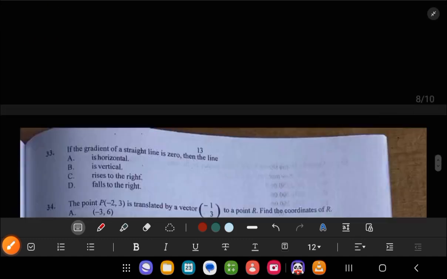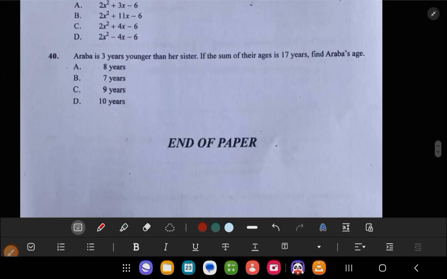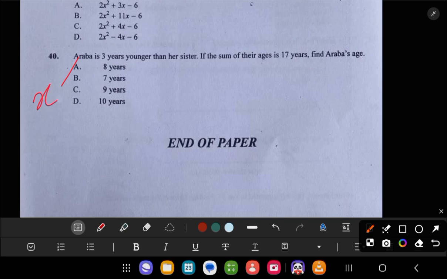Then the last question. Araba is 3 years younger than her sister. So Araba's age should be x. If Araba is 3 years younger than her sister, then her sister's age will be x plus 3.